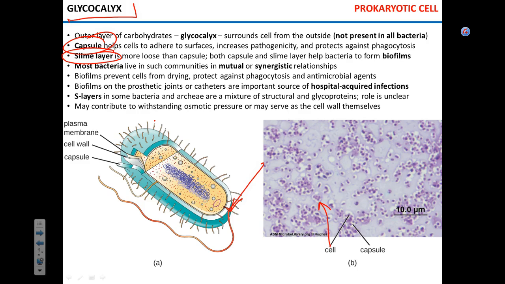Moreover, it helps one bacterium to stick to other bacteria, forming what we call a biofilm. A biofilm is a bacterial community in which different species of microbes live in mutualistic or synergistic relationships.